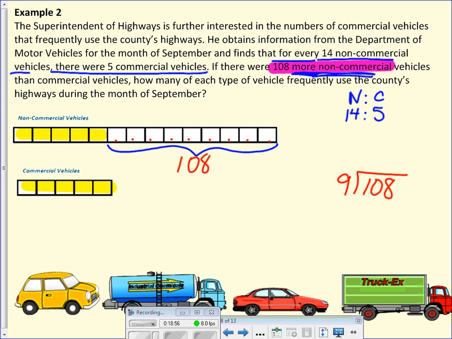What is 108 divided by 9? 12? Yes. 12. So that means each of these is 12 because we're looking at how many more. There were 108 more non-commercial. But what do I know? That is a constant. So if that's 12, they're all 12.